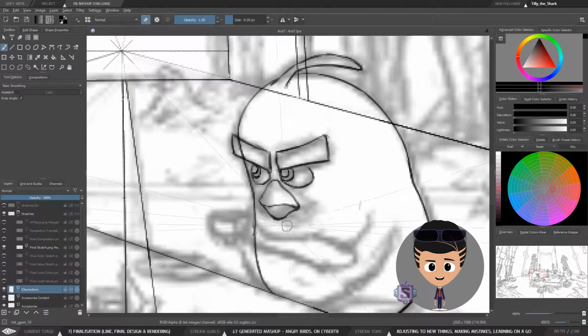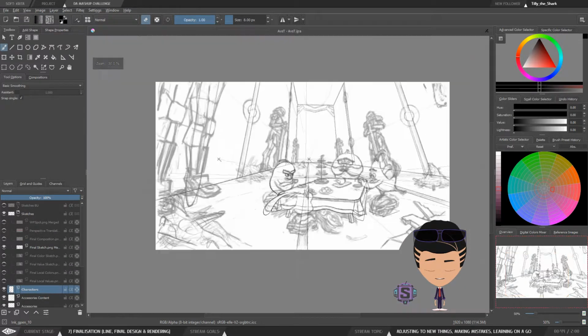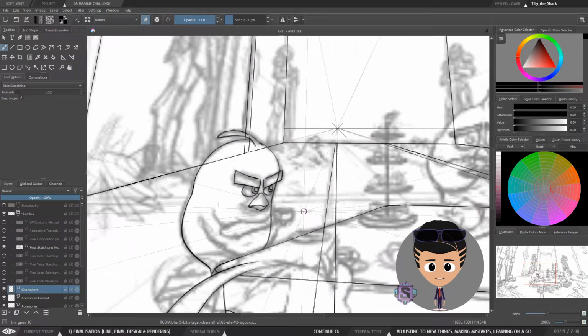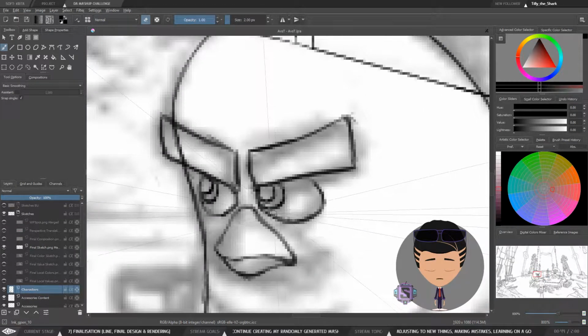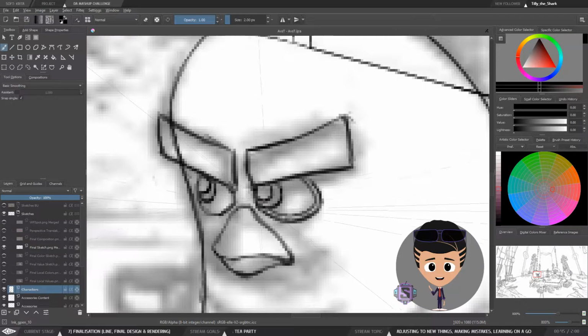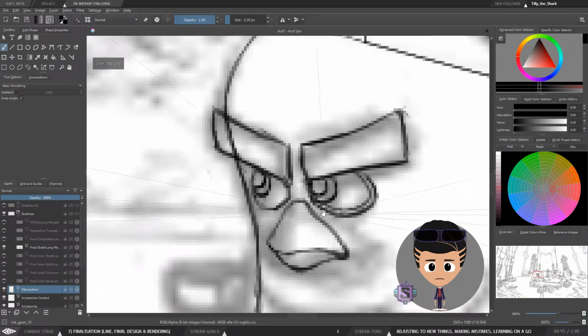Probably even more smaller. Because again, when it comes down to proportions, this is actually the part of the design.